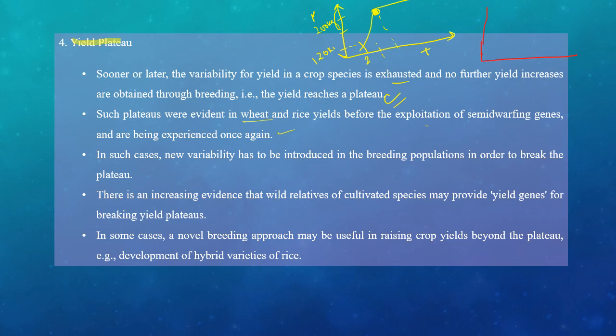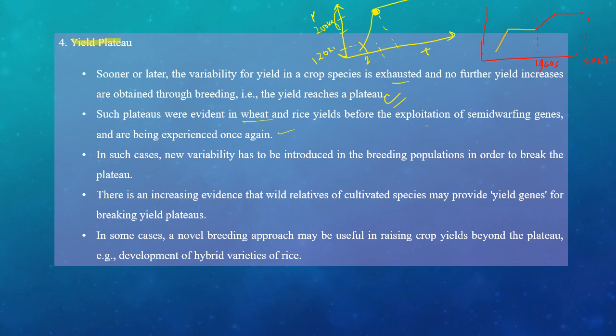Before the 1960s, the yield was static. But when we incorporated the semi-dwarf gene, it increased a lot. And now in 2020 and 2030, it has again become a plateau. It is about the 1960s time, and about 2023 and so on.